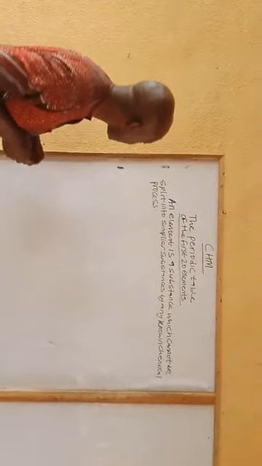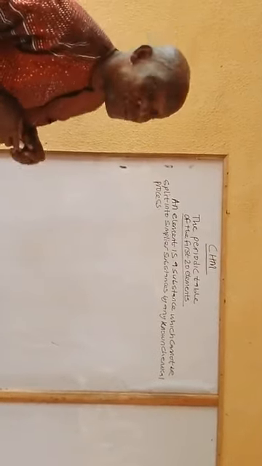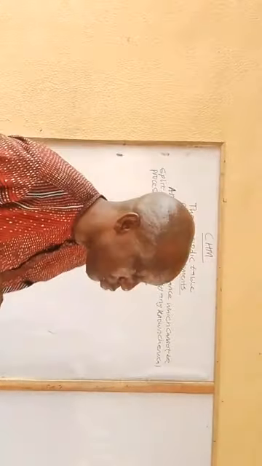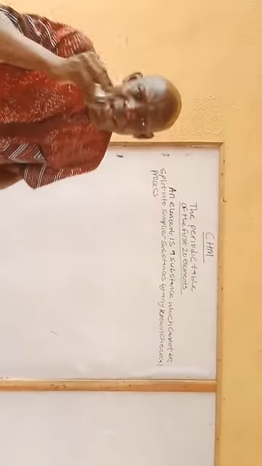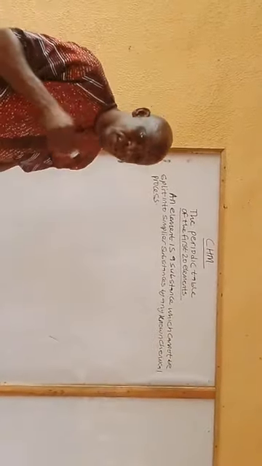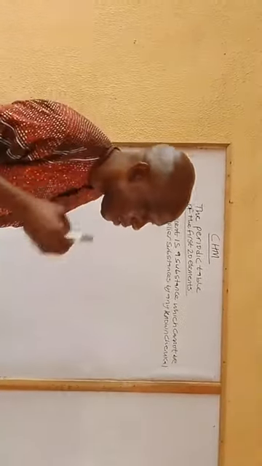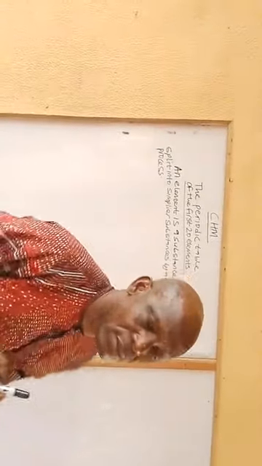So in chemistry, all elements have their symbol. We have a symbol we use in representing each of the elements. And what are symbols? Let's assume that they ask you in your exam or any CA test to define symbol.